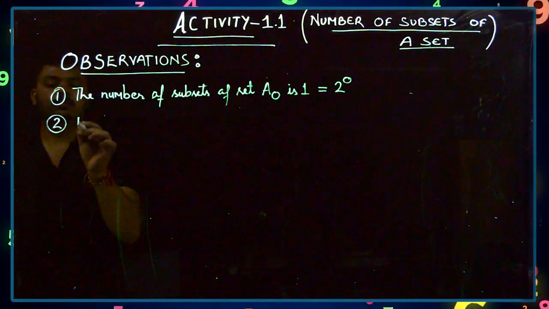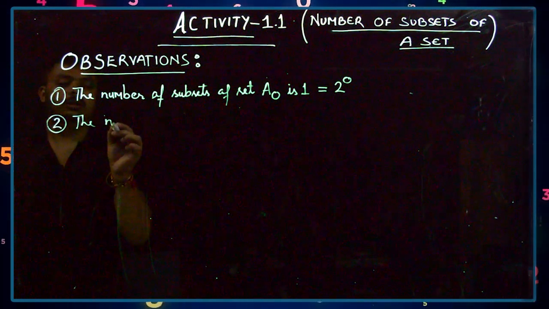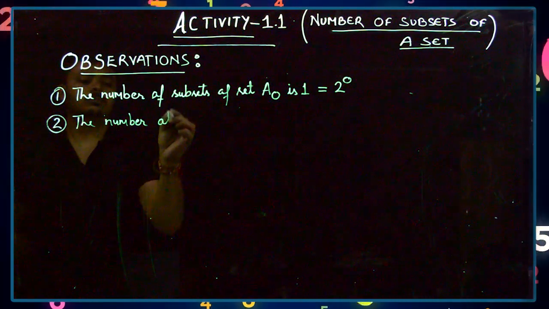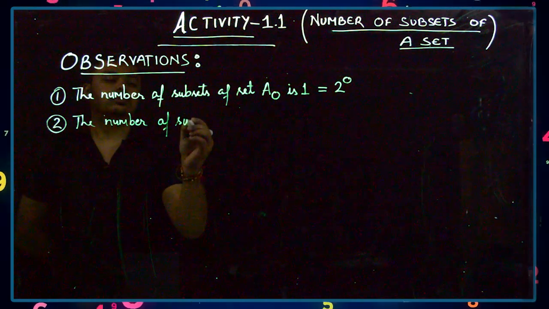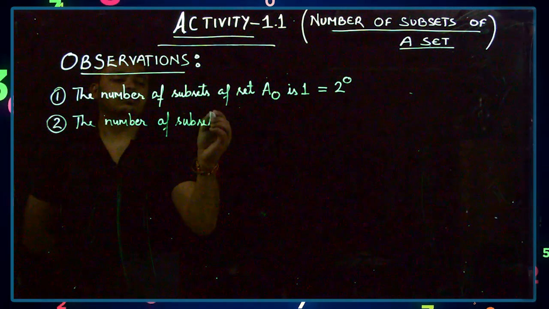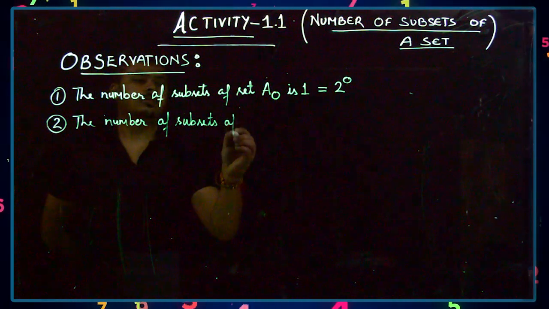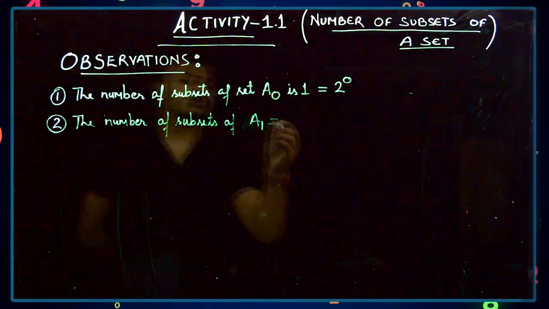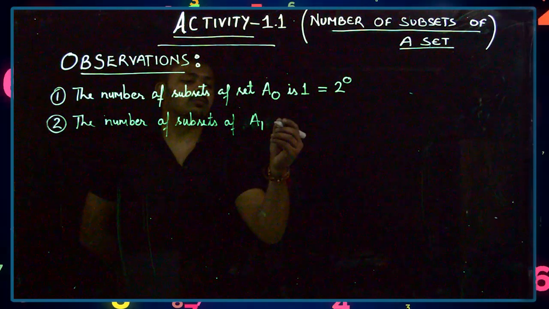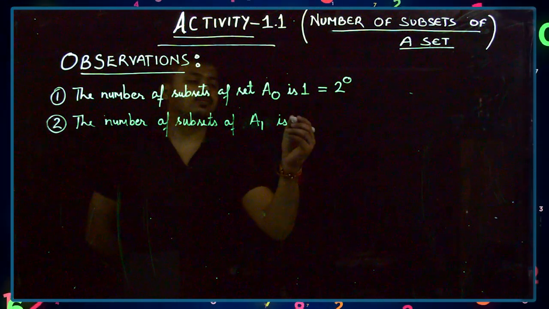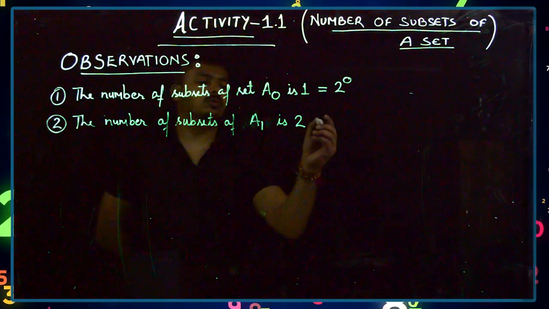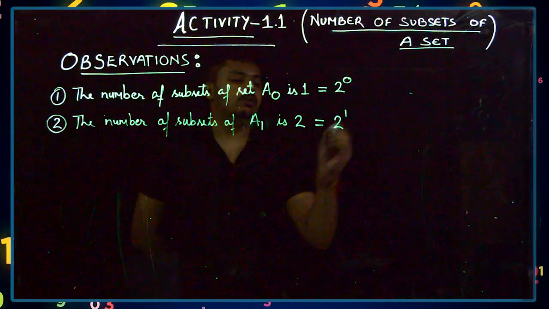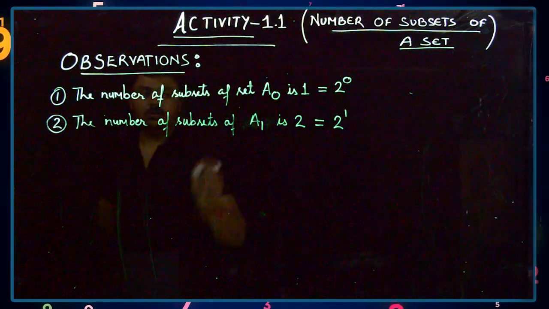Second, the number of subsets of A1 is 2, that is equal to 2 to the power 1, as it has only one element.